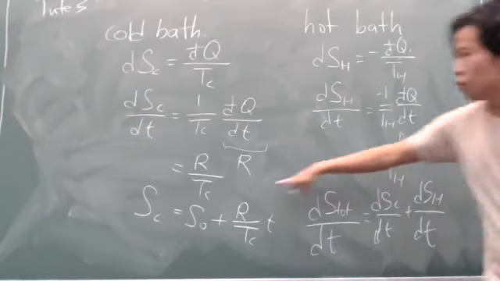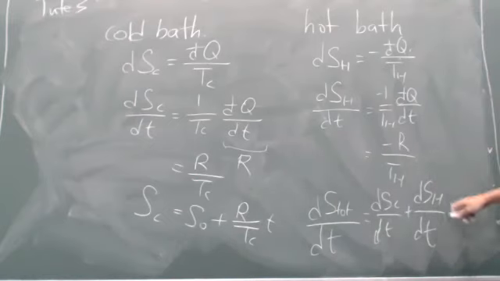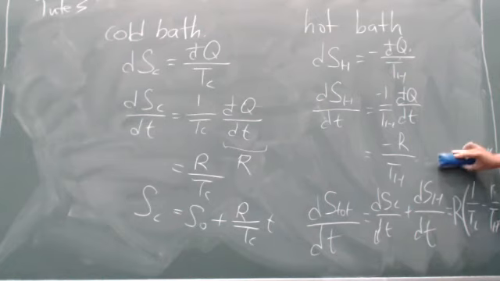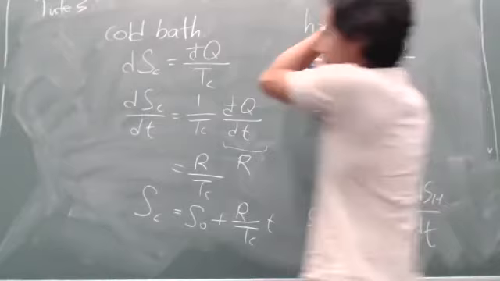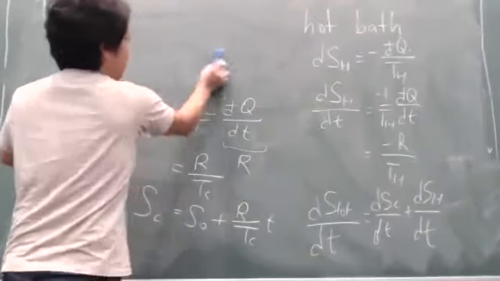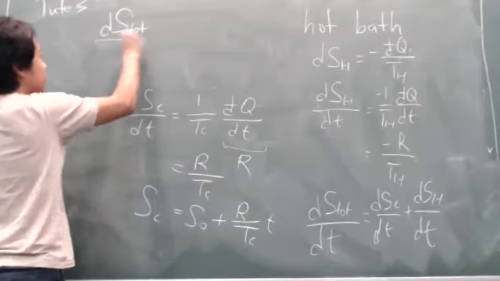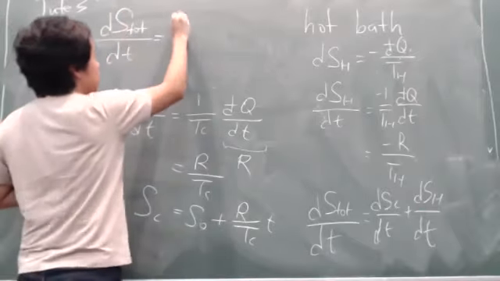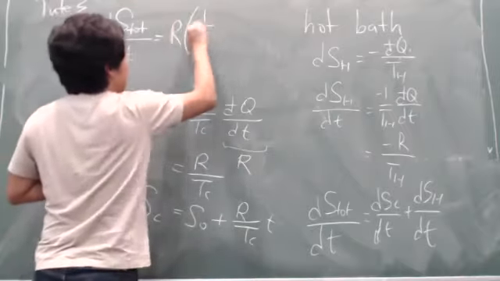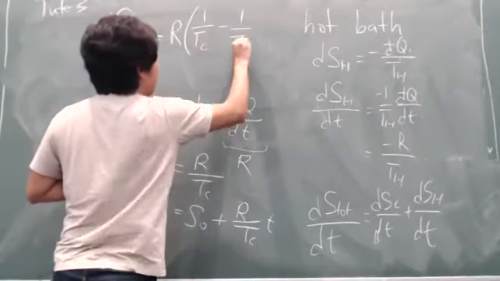When you add these two together, dS total dt is equal to R times (1 on TC minus 1 on TH).